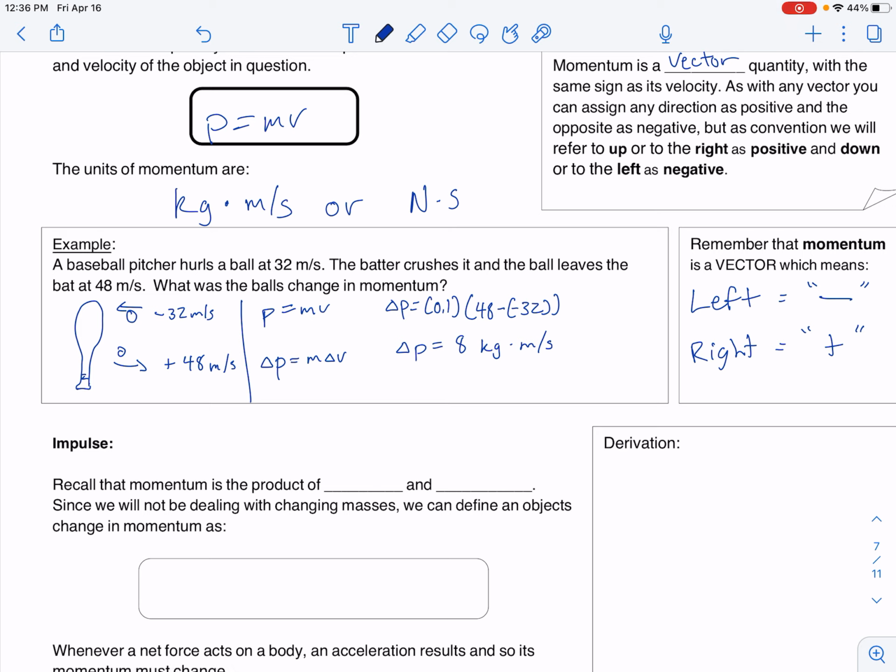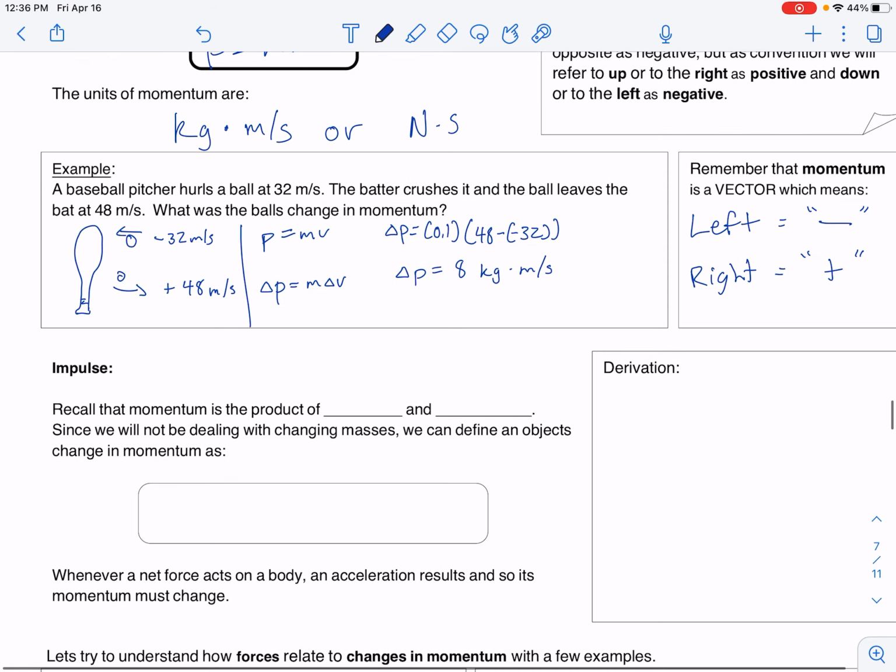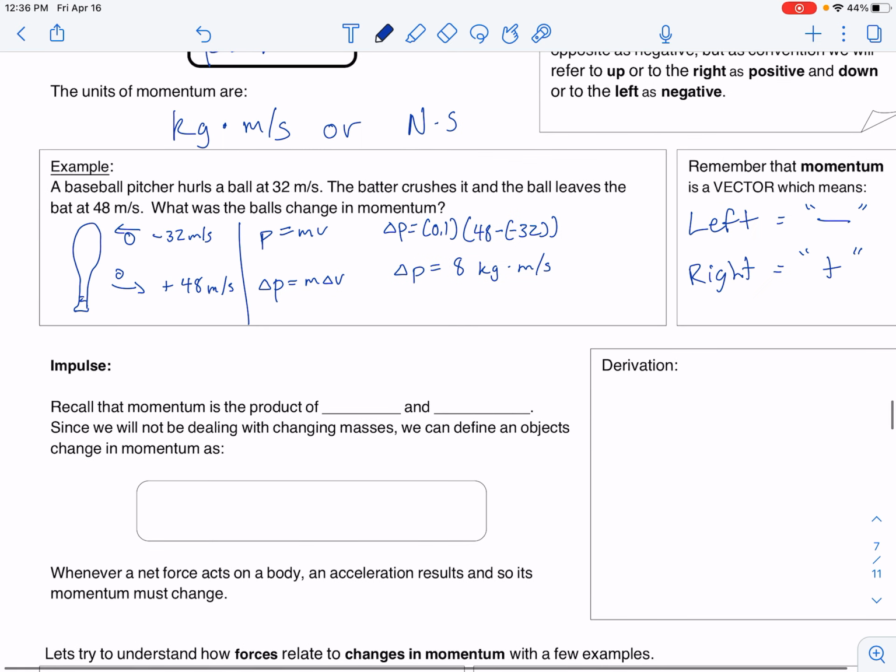This ball was traveling pretty fast, 32 meters per second towards the bat, but then when it was hit, we have new velocity that's greater and in the opposite direction. So there was a force that caused this change. Now, we call that an impulse. An impulse is a change in momentum.